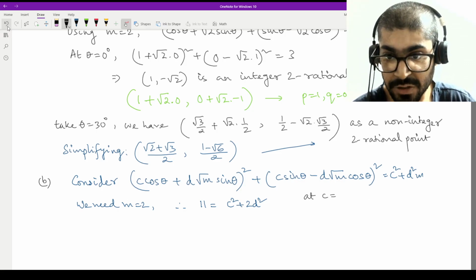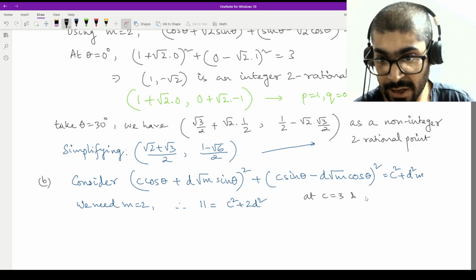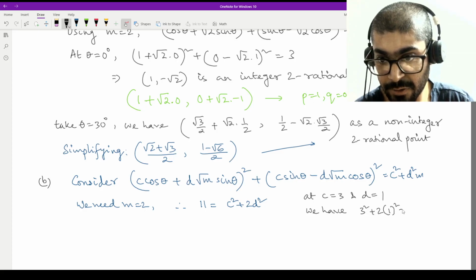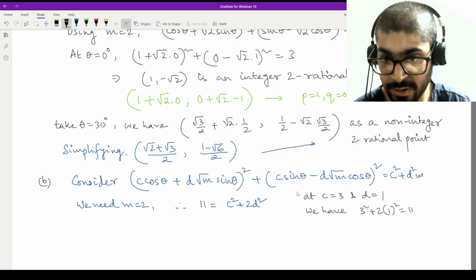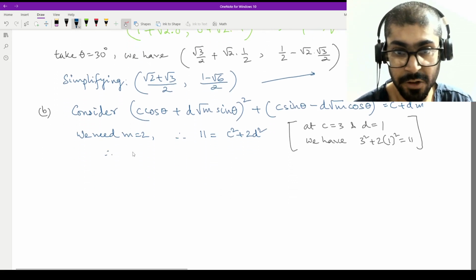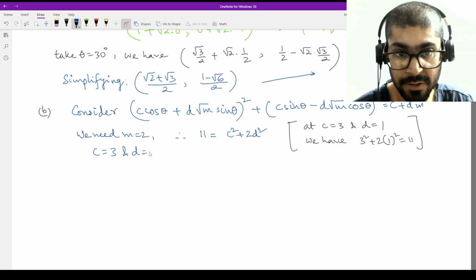At c equal to 3 and d equal to 1, we have 3 square, 9, plus 2 into 1 square equal to 11, which is what we want. Therefore c equal to 3 and d equal to 1 is a solution.